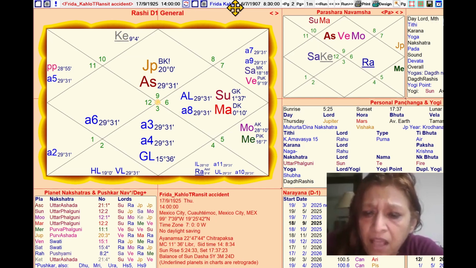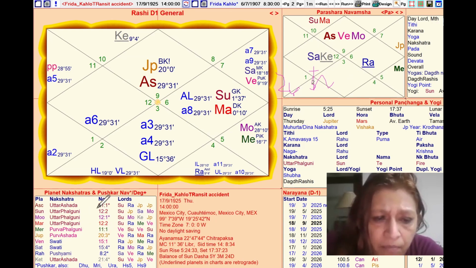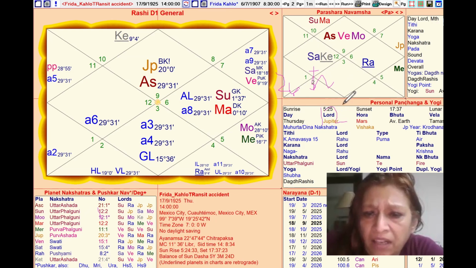So 26 is her Saturn. Uttara Falguni is number 12. That's the moon of the day. It's an Amavasya, it's closing in.